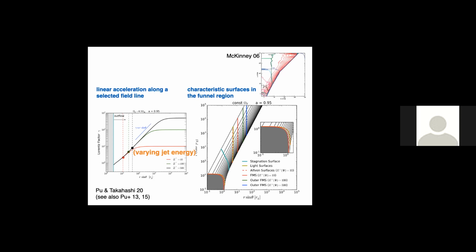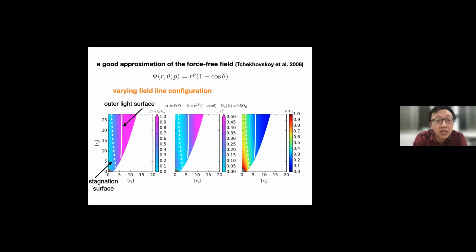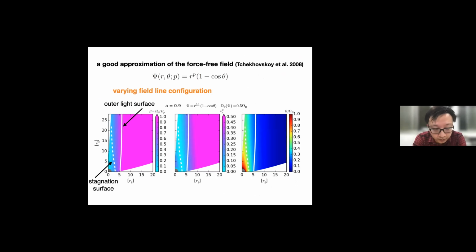Go ahead. Yep. So on the right here shows some characteristic surfaces in the far regions. The model can apply to large scale, and also it can apply for acceleration behaviors with different outflow energy. And the movie shows the magnetic field configuration dependence.